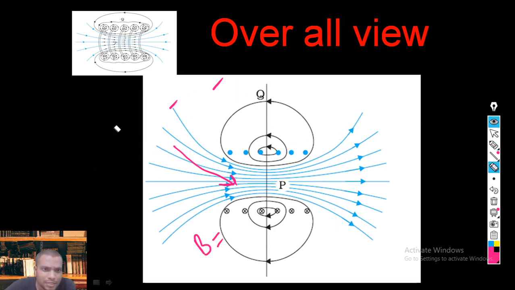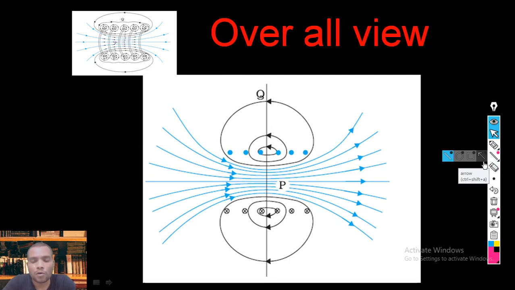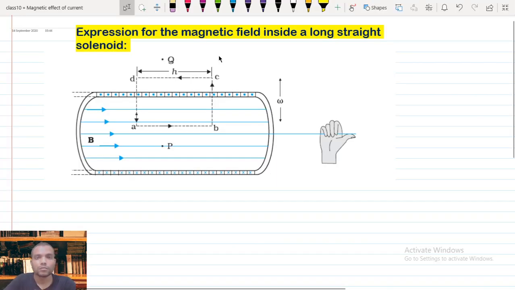It's a very easy expression, not tedious. The only thing we need to concentrate on is the proper selection of the Amperian loop. Let's derive the expression for the magnetic field inside a long straight solenoid.